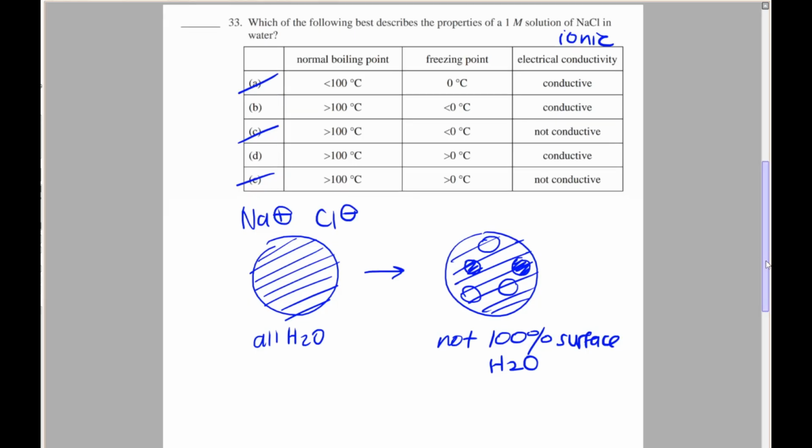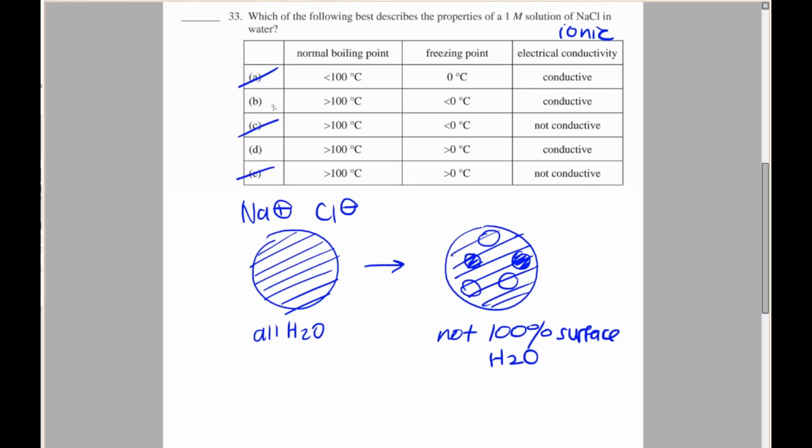The final thing we have to look at to differentiate between answer choices B and D is the freezing point. In B, the freezing point is less than 0 degrees Celsius, and for D, it says greater than 0 degrees Celsius. This is very similar to the logic we applied for the boiling point, but in the opposite direction.